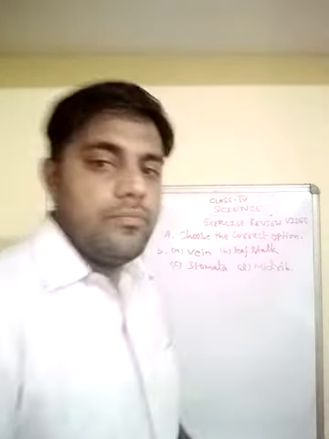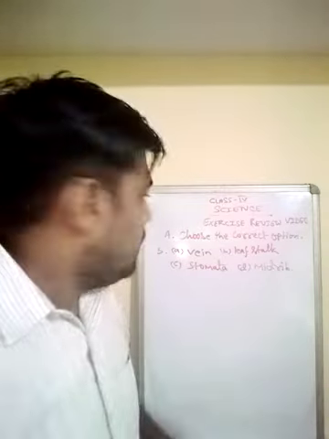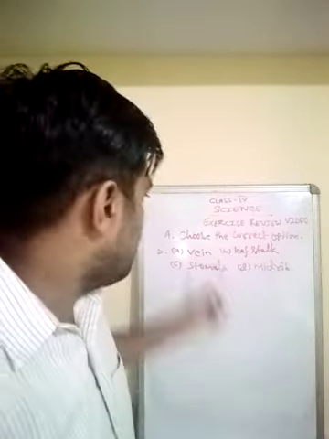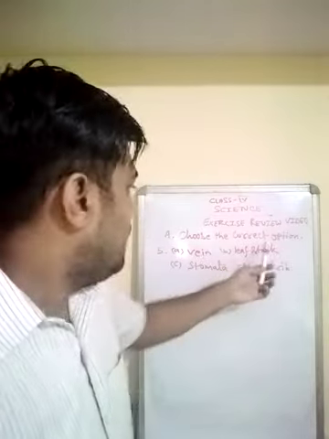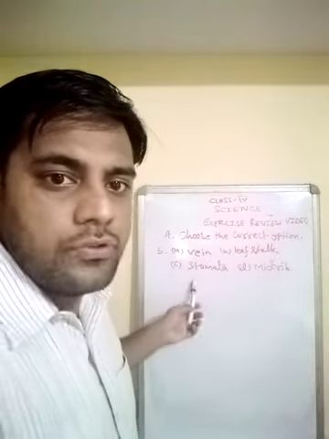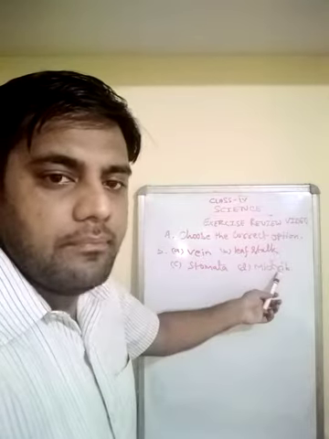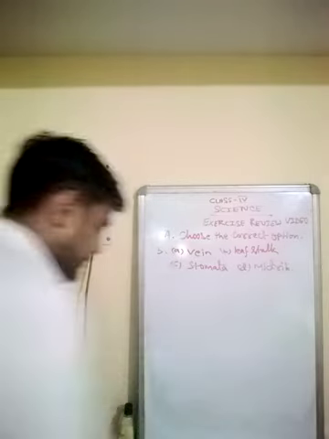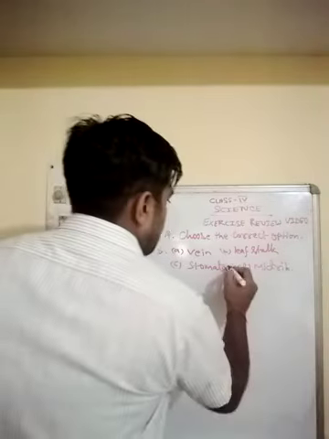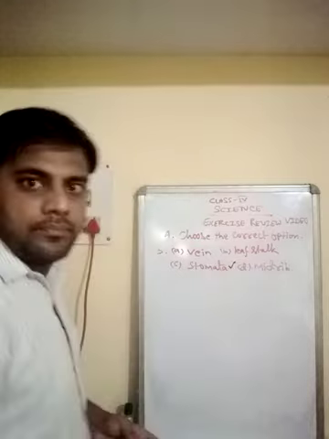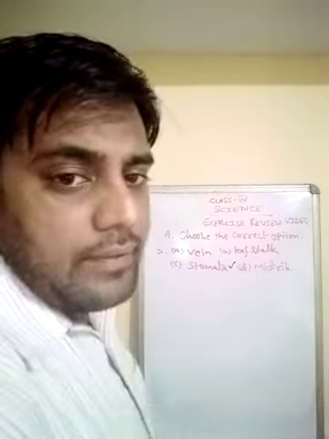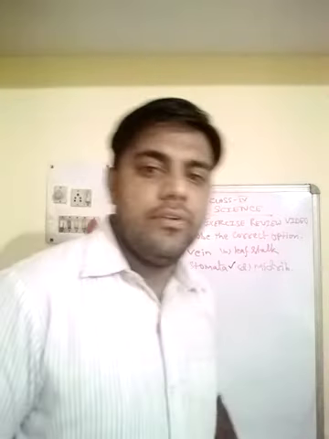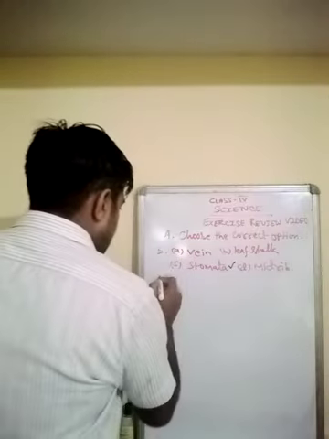Okay, so for your question number 5, you have 4 options: vein, leaf stalk, stomata, midrib. Okay, and your answer for the name of tiny pores on the leaves are stomata. Okay, your answer for this question number 5 is stomata. Then question number 6.